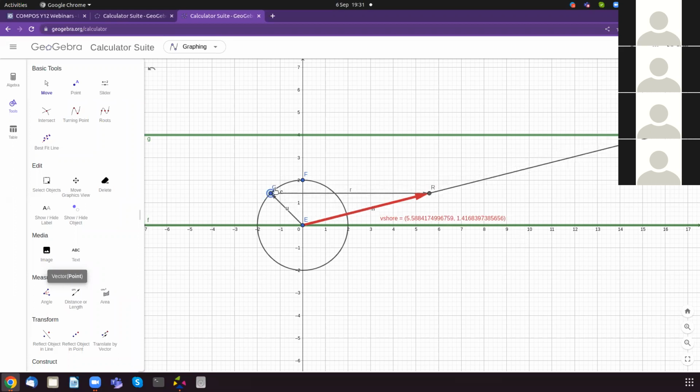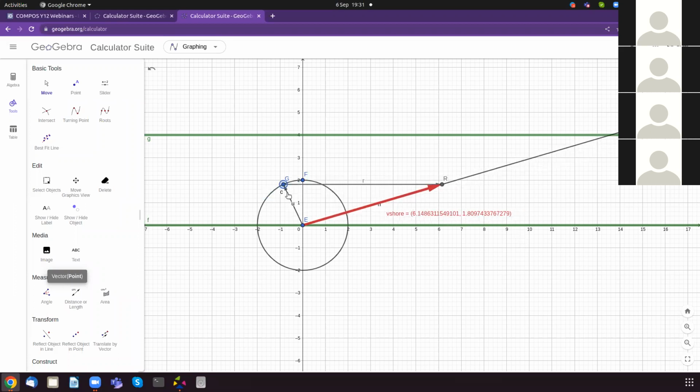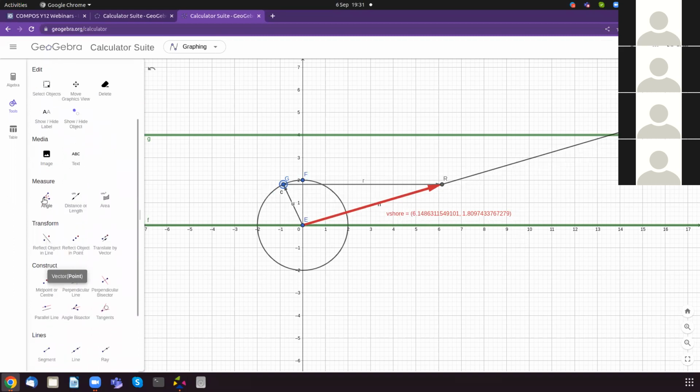Oh yeah, so we're trying to minimize this angle, and you know what? We can actually play around with it a little. You can find this angle, this one.